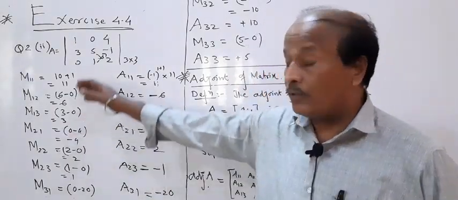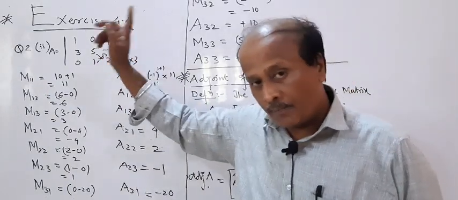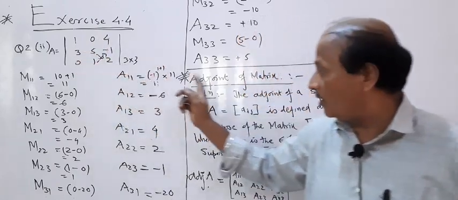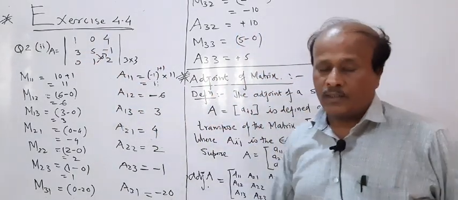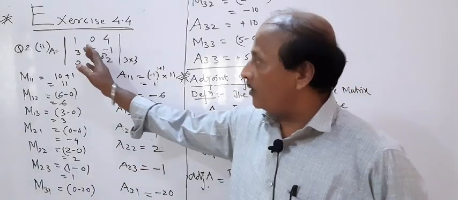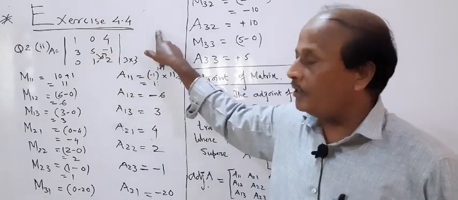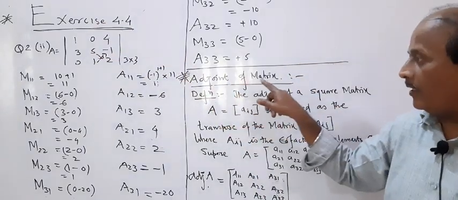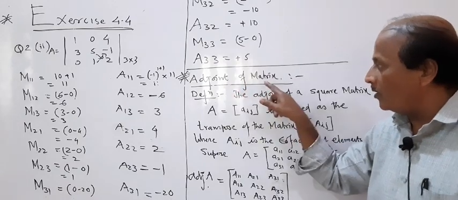So see, we were doing chapter 4 determinants, and in chapter 4 we are using the word matrix, chapter 3. Whenever I tell the students to prepare chapter 3, simultaneously we prepare chapter 4. Both are interdependent. Here we are dealing with the determinant. Now they are using the word matrix, adjoint of a matrix.